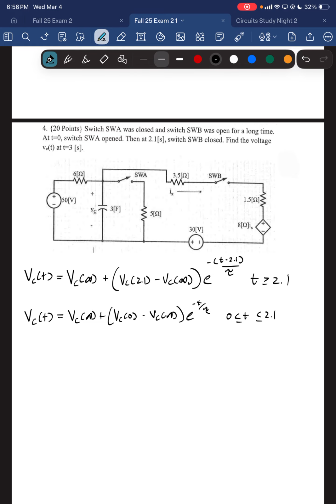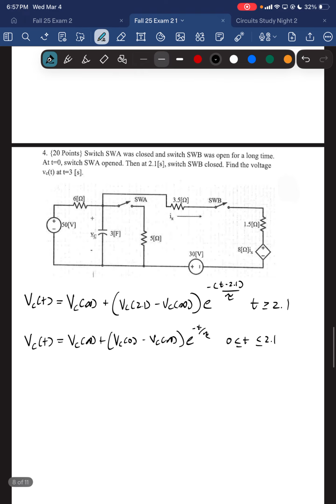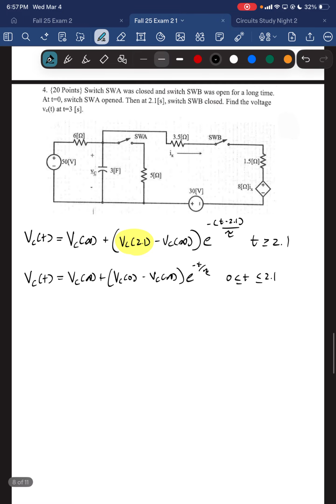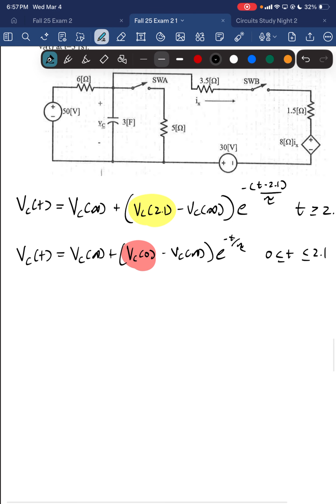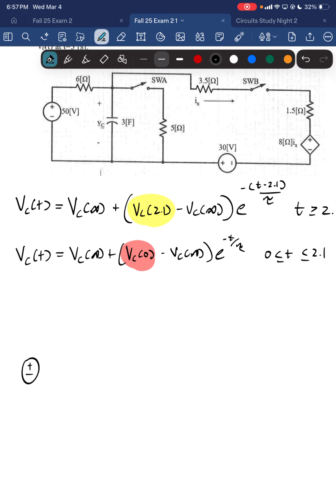So you know you're going to need two separate equations, one for each. We're going to use this first equation to solve for VC of 2.1. So let's get started and look for VC of 0, when the circuit is in steady state and switch A is closed and switch B is open. So we're going to draw that circuit with switch A closed and B open.